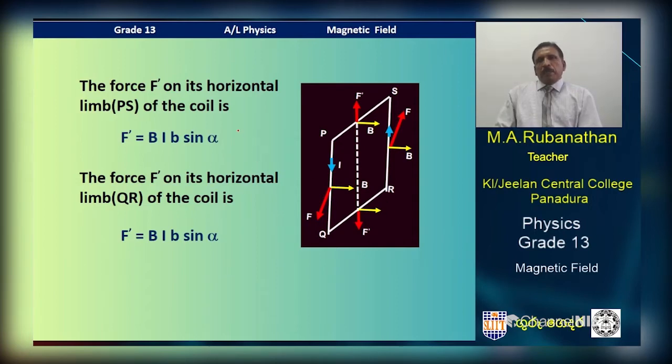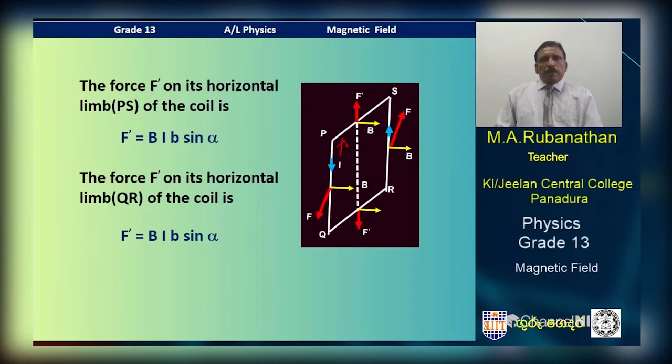This one is the limb PS, and there is a force acting on it, that is F dash.